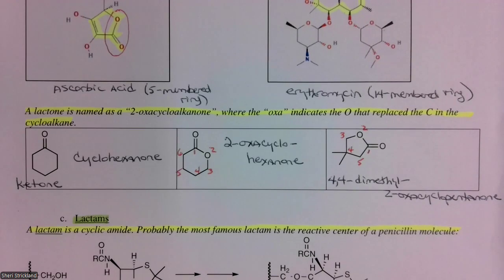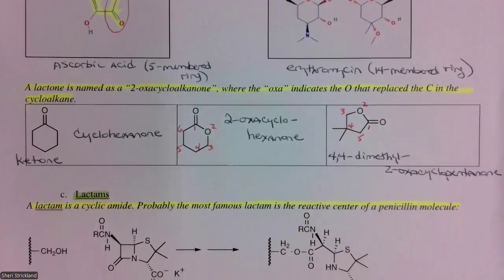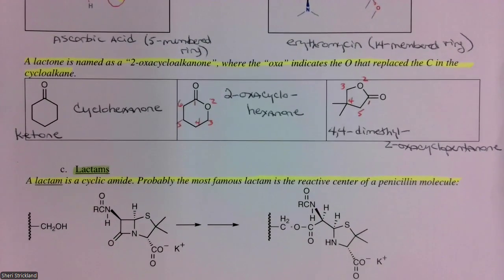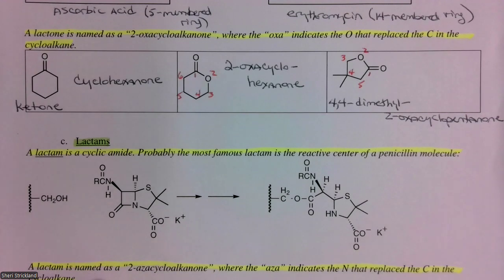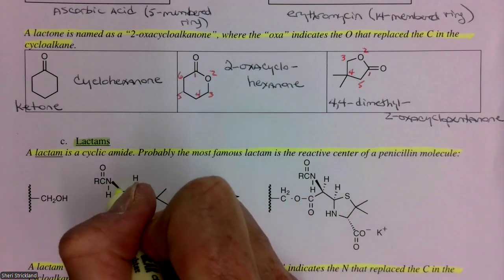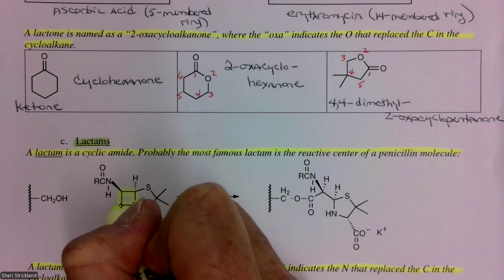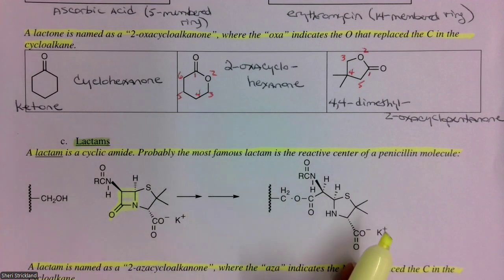All right. So lactams are cyclic functional groups also. In the same way that a lactone is a cyclic ester, a lactam is a cyclic amide. And probably the most famous lactam is the reactive center of a penicillin molecule. And if you think about when we talked about ring strain of cycloalkanes, you think about how much ring strain there is tied up in that little 4-membered ring.